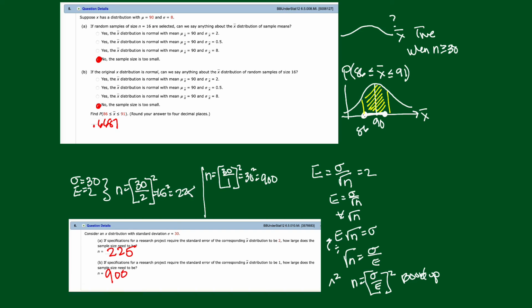You see what happened here. In part A, we wanted to be within 2 units. We have a project, we want to get the mean, and we want to be within 2 units, so we have to sample 225 items. But if we want that error to be just 1 unit, now we have to go up to 900 items.